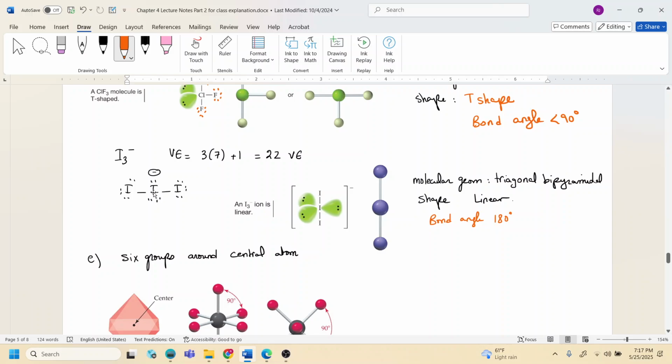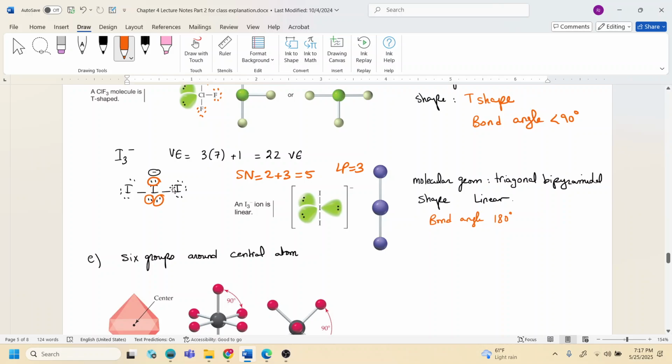I3 minus is the same thing, and this is an example of a steric number of 5 and a lone pair of 3. So you have 2 plus 3, that is 5, and the lone pair equal to 3. For I3 minus, I have 3 lone pairs. There you go. See? Three lone pairs, and five atoms and lone pairs.